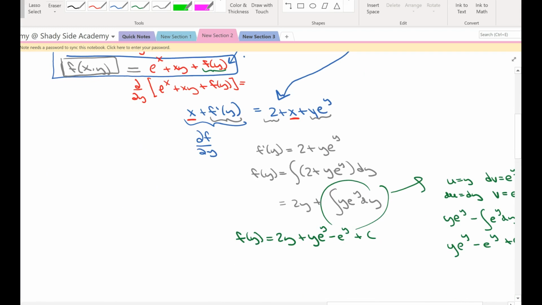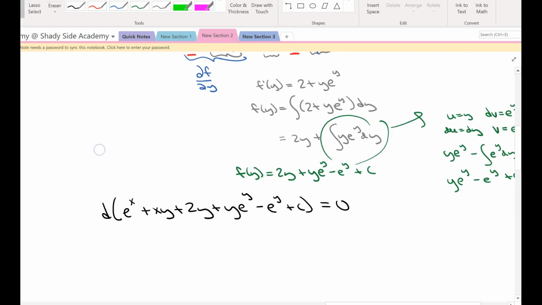So the left-hand side of this differential equation is the total differential of e to the x plus xy plus 2y plus y e to the y minus e to the y plus c. This all equals 0. Okay?